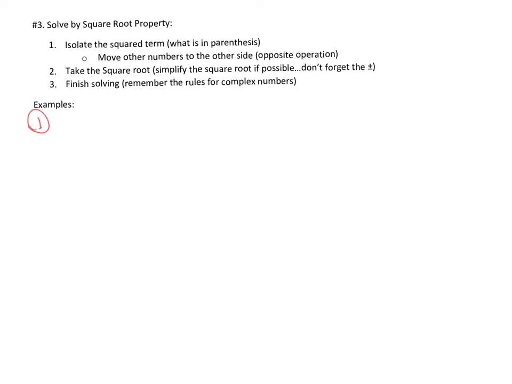All right, let's say that we have x plus 5 squared minus 6 equals 12. If you look at this one, it immediately looks different than the others because I have this set of parentheses. I have an entire term being squared.